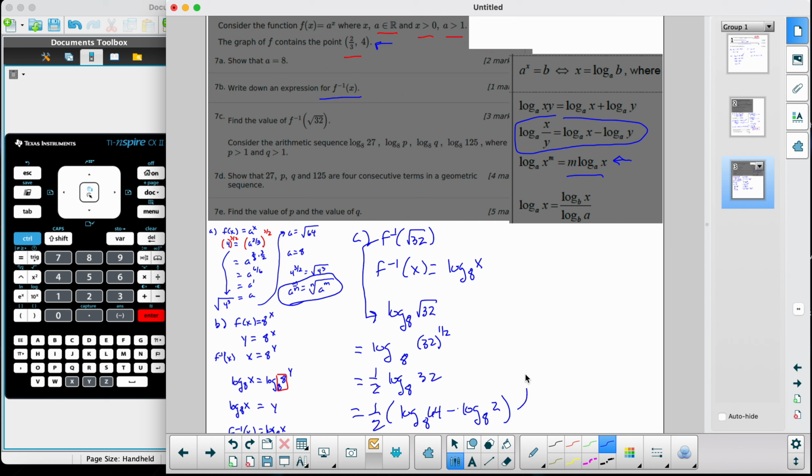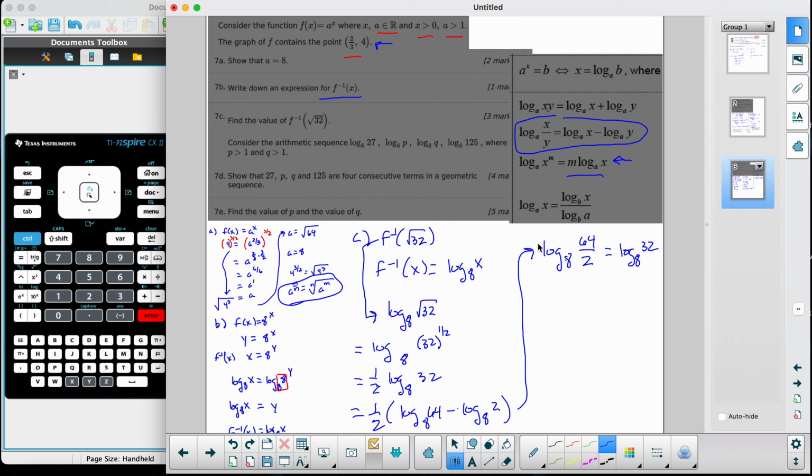And that will then turn to log base 8 of 64 over 2, which equals log base 8 of 32. So they're equivalent, right? But writing it like this, I can evaluate this.